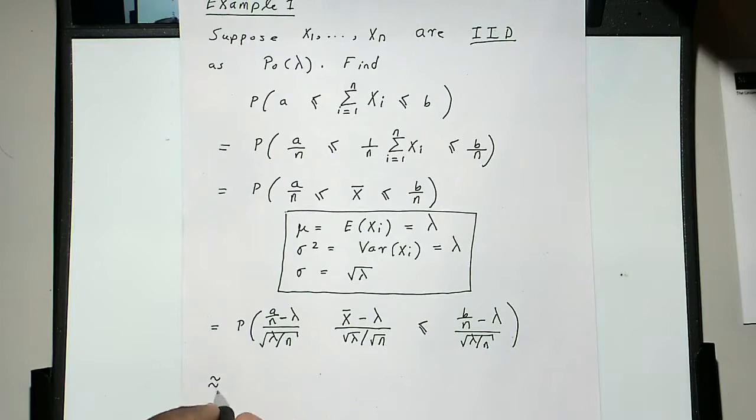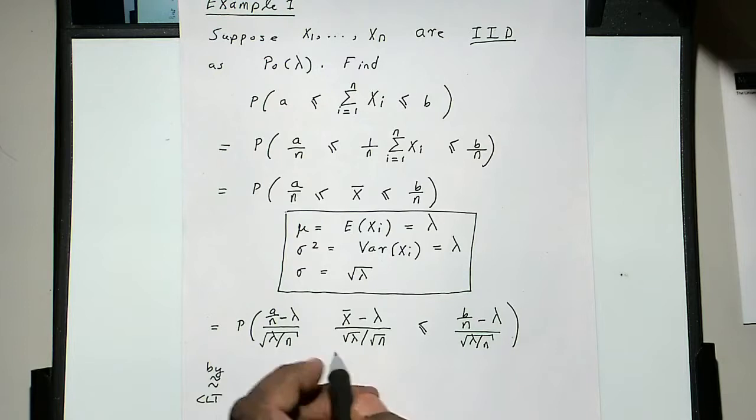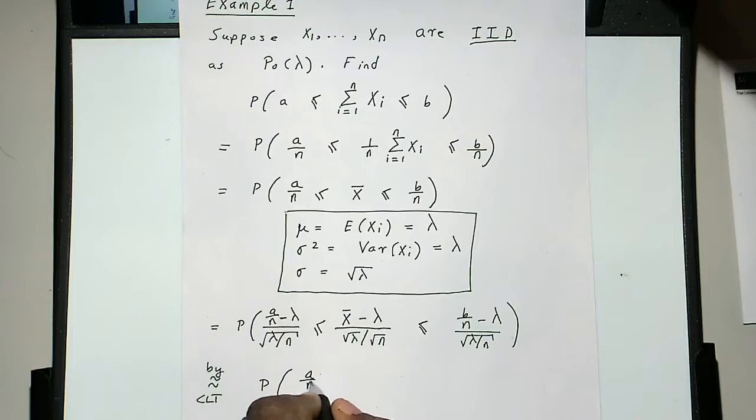Okay, we can now approximate by using the central limit theorem, right? We can say that this guy here, if n is large enough, has a standard normal distribution, right?